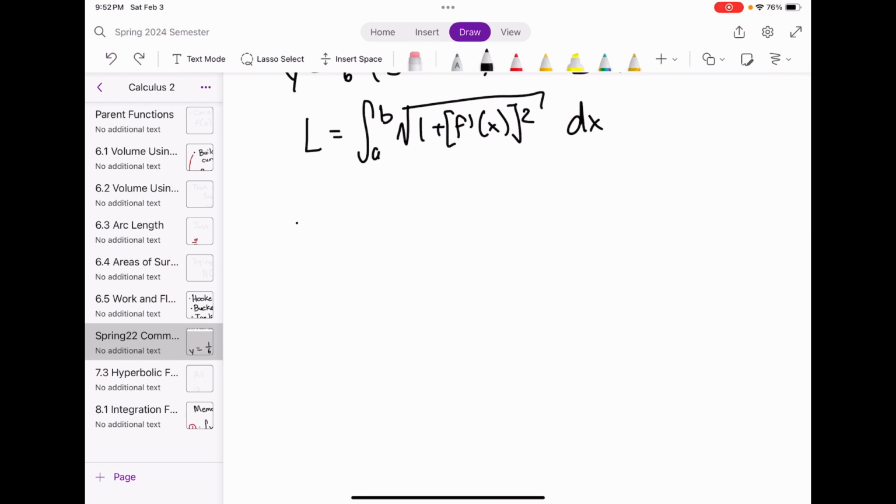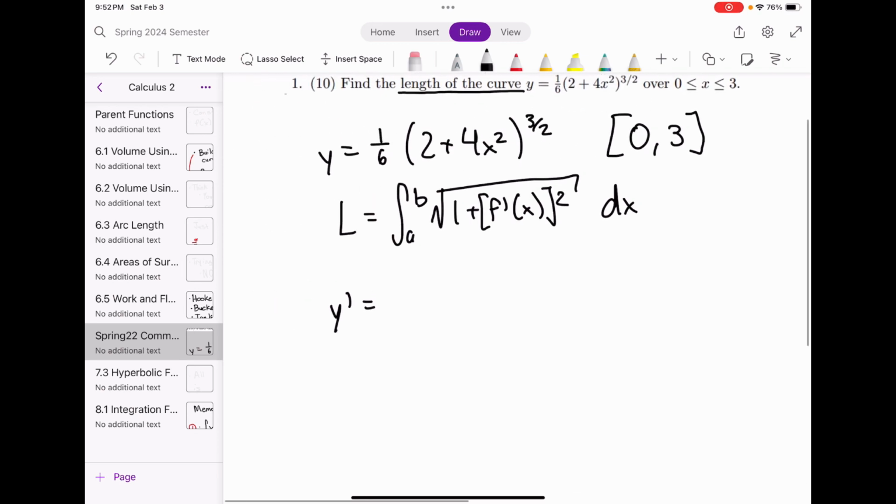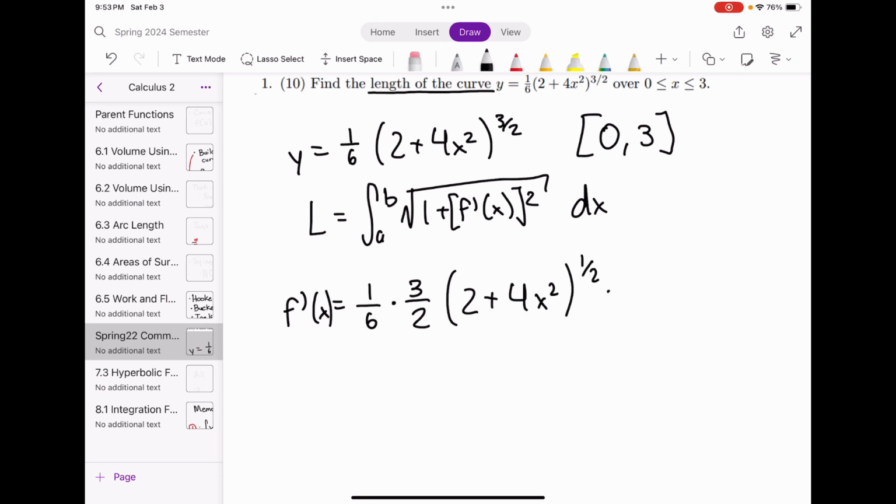So I'm going to do right over here y prime, so the derivative. I'll write it as f prime of x, since that's the notation I've used before. So we're going to leave 1/6 out, take the exponent 3/2, leave the inside part the same, (2 + 4x^2) to the 1/2 times, and take the derivative of the inside, which is 8x.